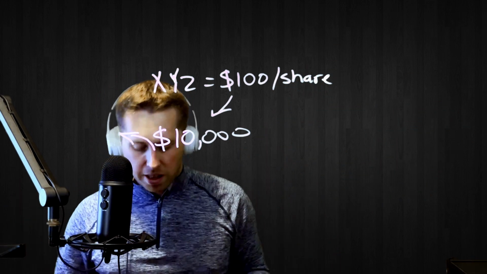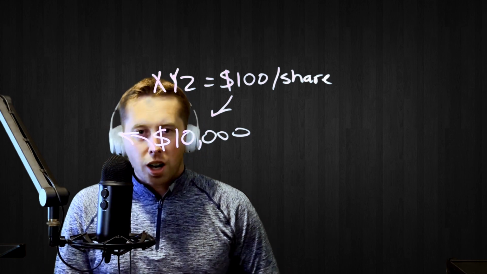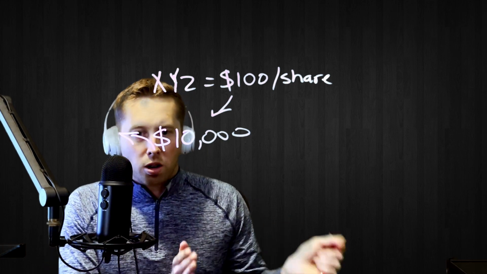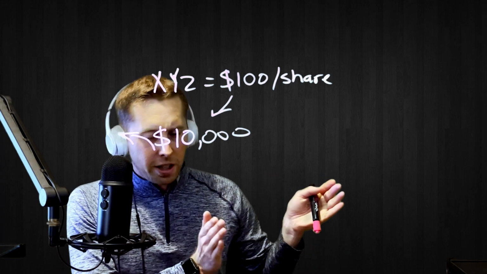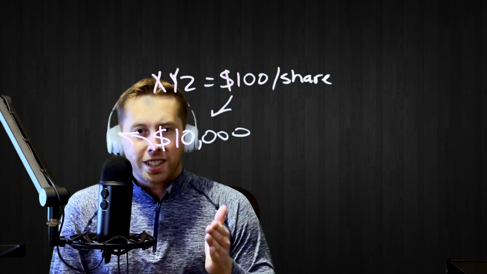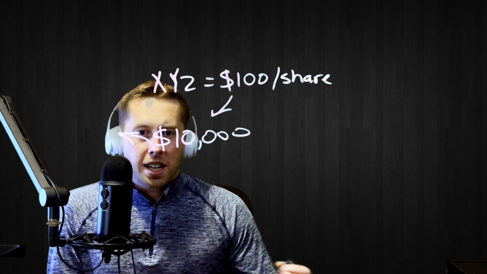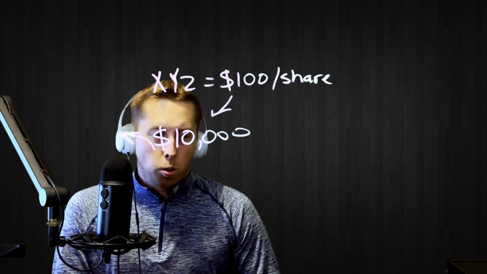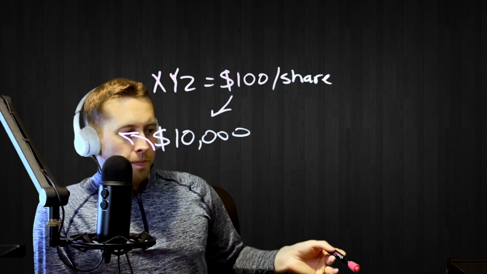Here's what people need to understand. When you sell an option, someone's buying the option. There's a winner and a loser on the trade. The winner is either the person buying it or the person selling it. More often than not, it's the person selling the option. Yeah, you have a limited upside when you're collecting a premium, but your chances of being profitable are much higher than someone who's buying it.